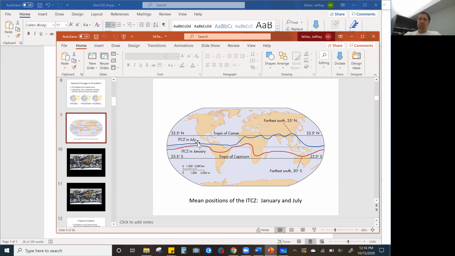And so think about why that might be. Well, water doesn't really heat up at the same rate that land does. And so therefore you kind of have this constant heating no matter what time of year it is. So that's why over the Pacific Ocean, there's not a ton of change.